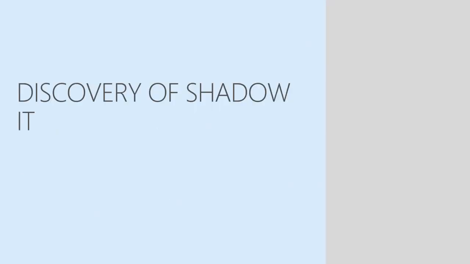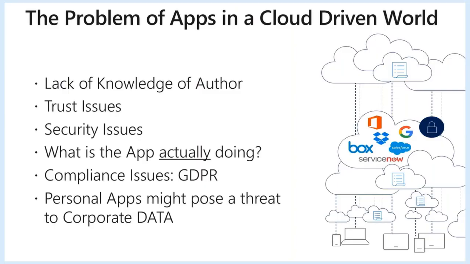So going back, let's go point by point. First of all, the discovery of shadow IT. The reason shadow IT becomes a problem when you move to cloud-based adoption, whether hybrid cloud or fully cloud, is that you don't know about some of the applications being used by end users.